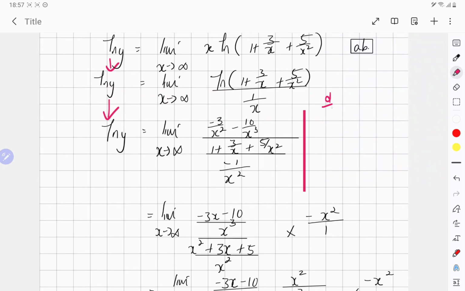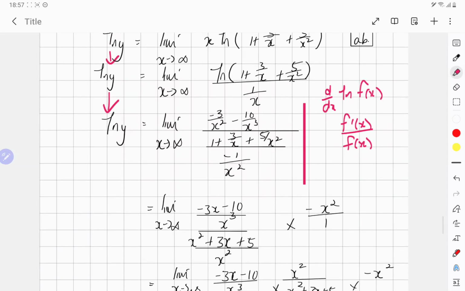that the derivative of ln f(x) is f prime x over f(x). What did I do? So the derivative of 3 over x, negative 3 over x squared, the derivative of 5 over x squared, negative 10 over x cubed, that was my derivative, over f(x), which is just my brackets.